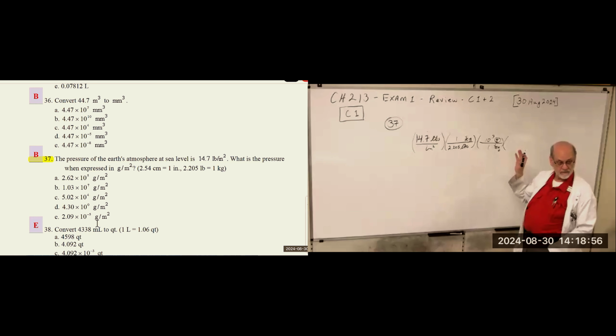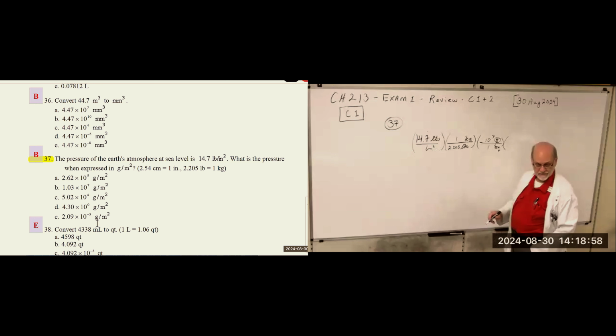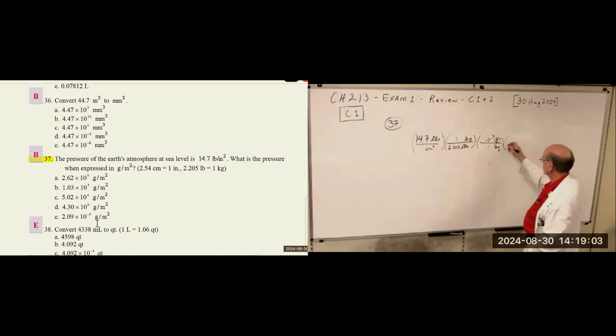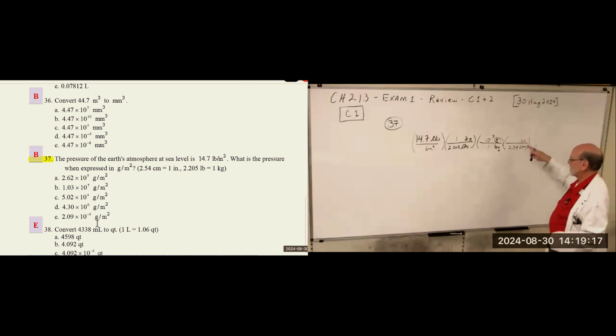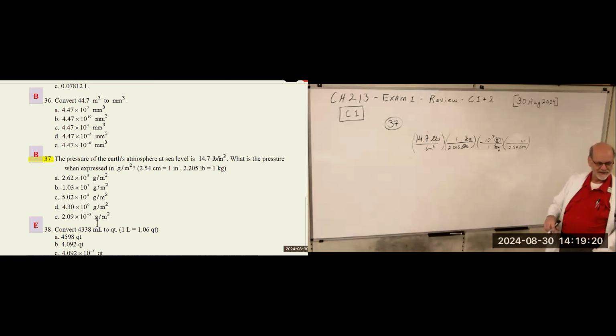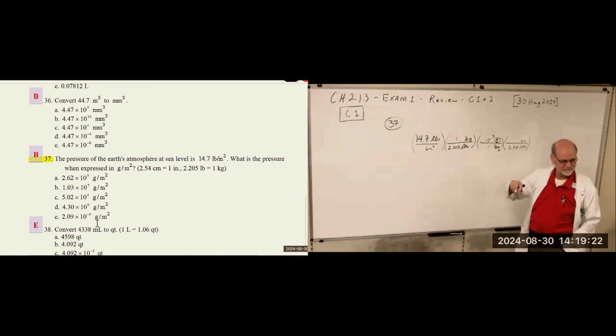Now we're going to chain our conversion for square inches. So 1 inch is 2.54 centimeters. So I need inches on the top and centimeters on the bottom. What's wrong with this picture? That's not squared. This is only going to cancel one of those inches.